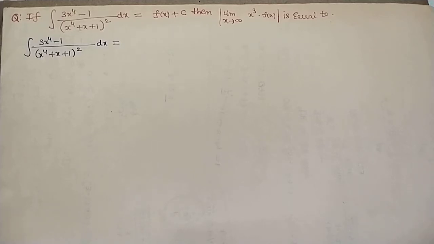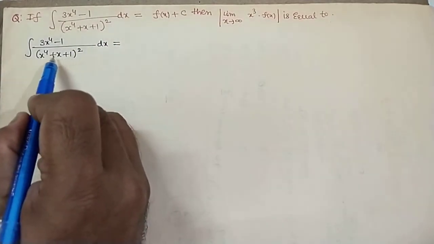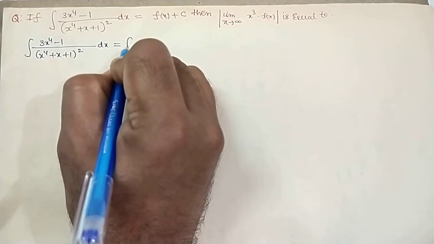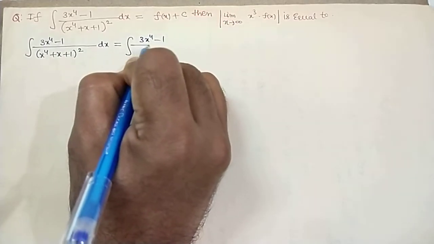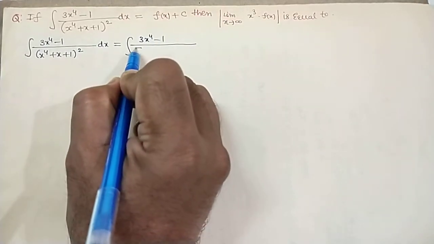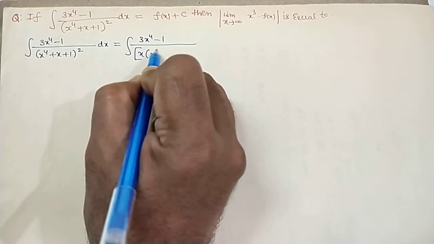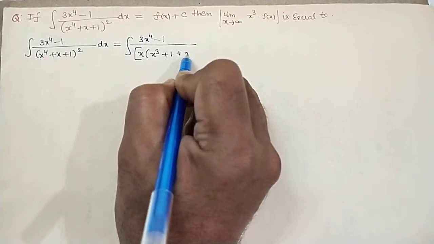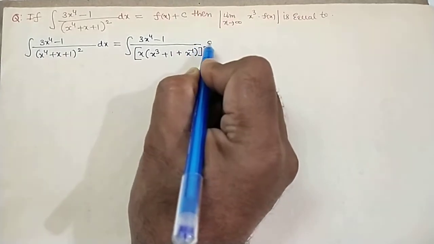After that, what we are going to do is take common x from here. You have to take common only x. 3x power 4 minus 1 divided by, here the bracket is there now. So if you take common x, here x cube plus 1 by x, that means x power minus 1, whole square into dx.